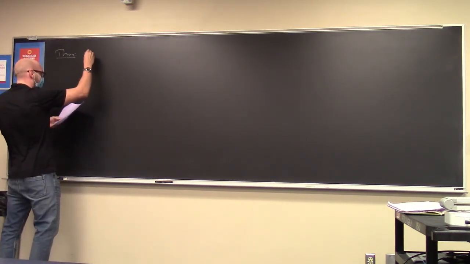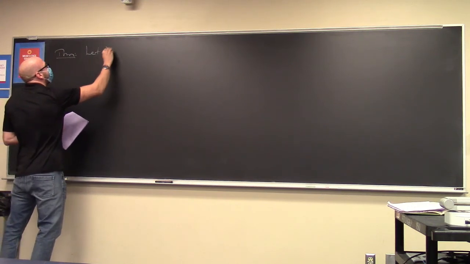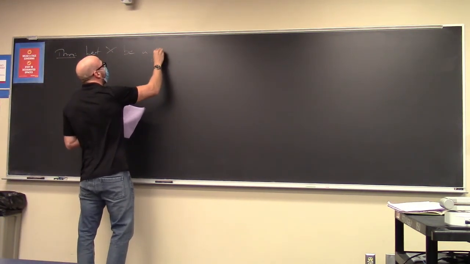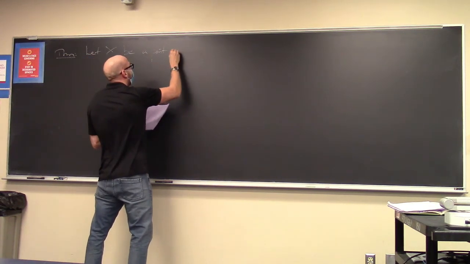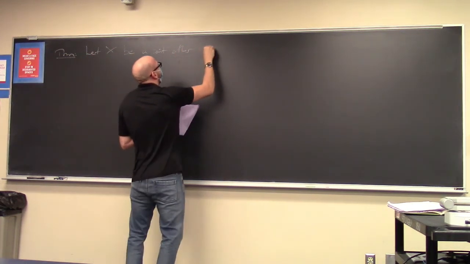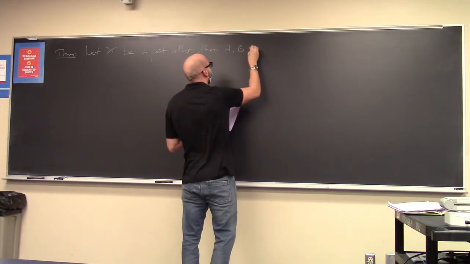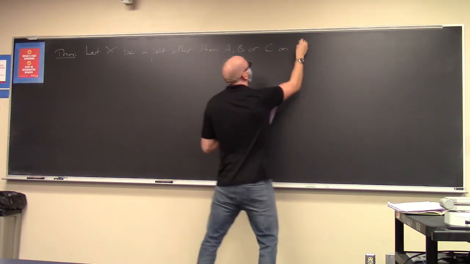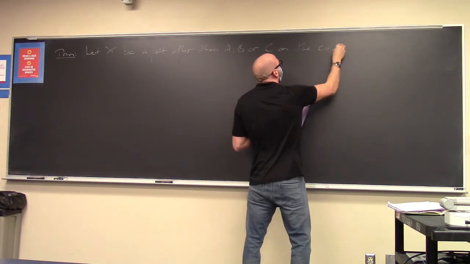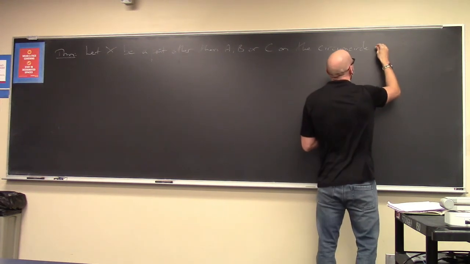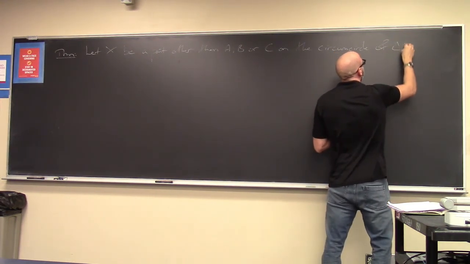So here's the theorem. Let X be a point other than A, B, or C on the circumcircle of triangle ABC.